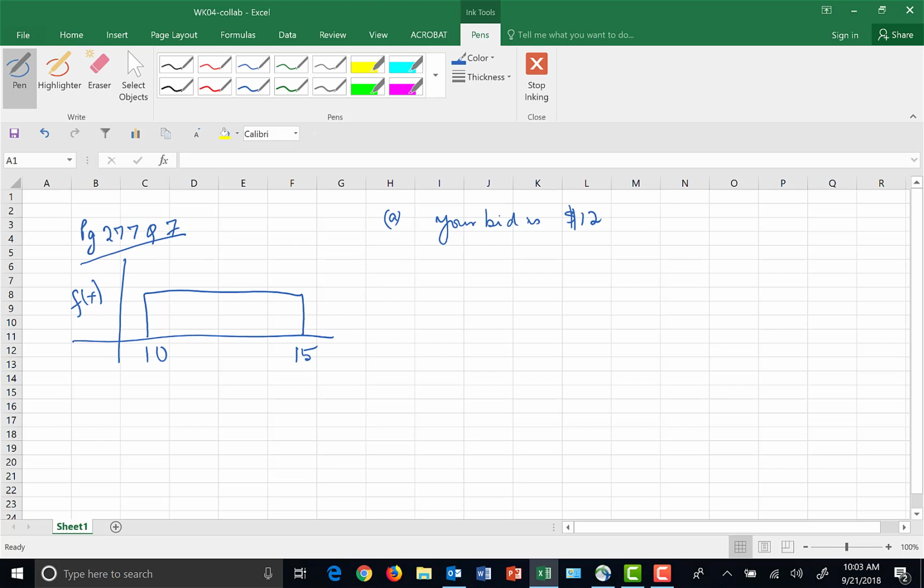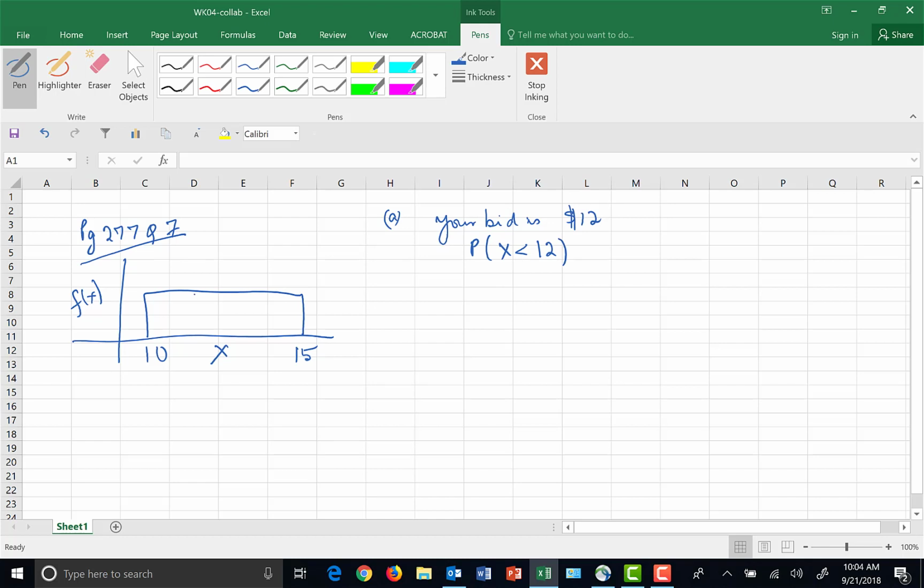And it asks, what is the likelihood that your bid will be accepted? Your bid will be accepted if your competitor bids less than you, isn't it? So you see the graph on the left-hand side, that uniform distribution is what the competitor is going to bid. So you will win if your competitor bids less than $12,000. Okay.